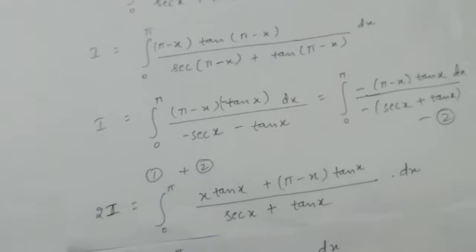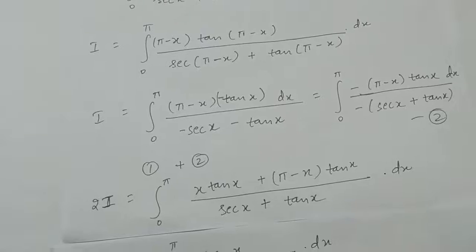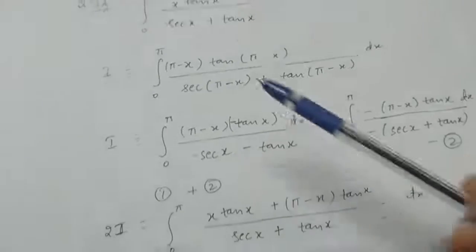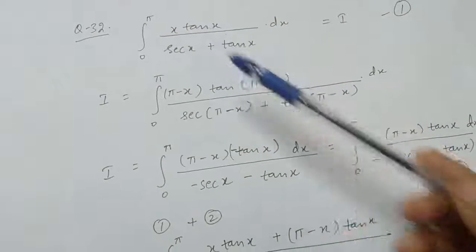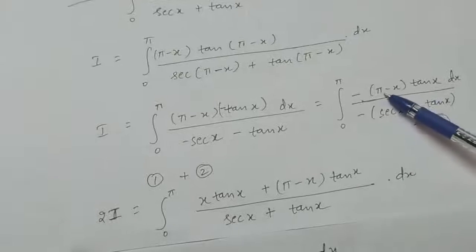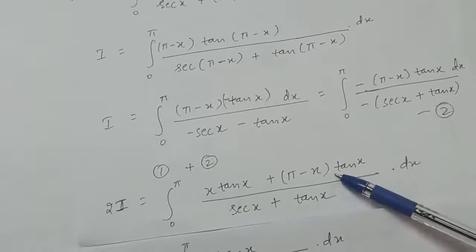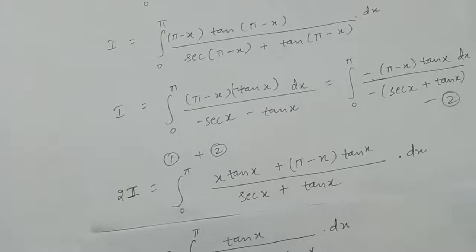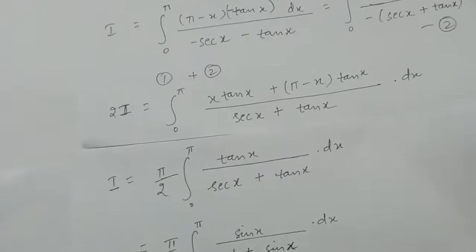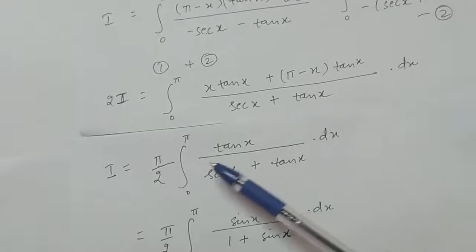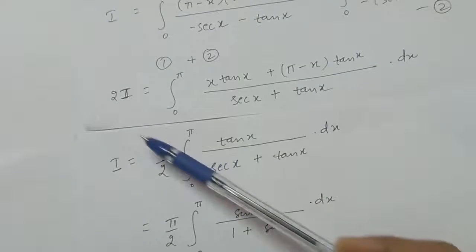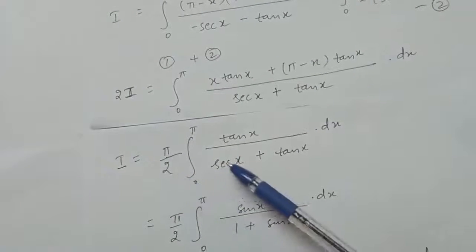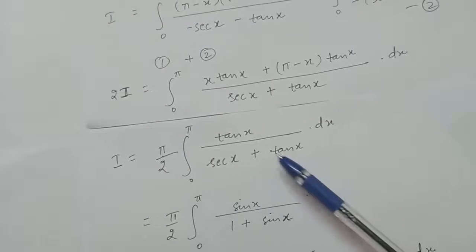So on the left side you will get 2I, and on the right side, here it is x tan x, and here it is (pi minus x) tan x. Denominator is the same, secant x plus tan x. Now the numerator will become pi tan x. Take this to this side upon secant x plus tan x.